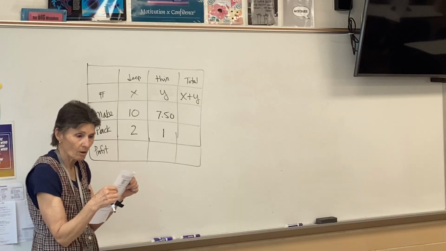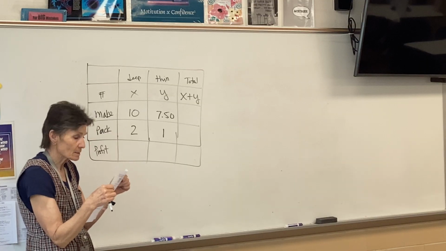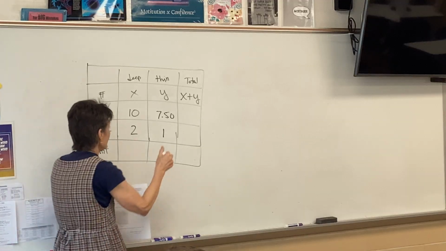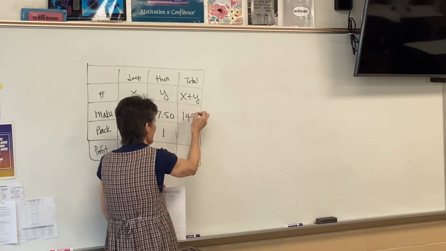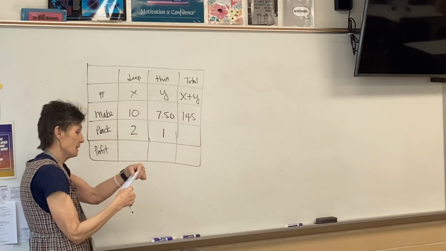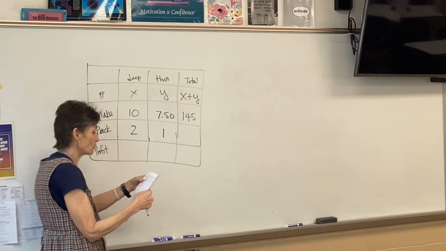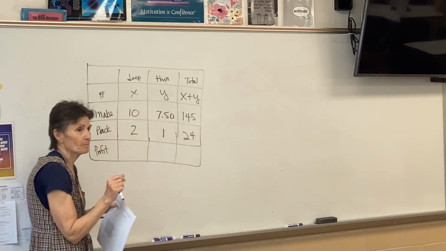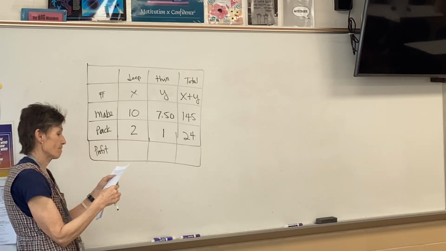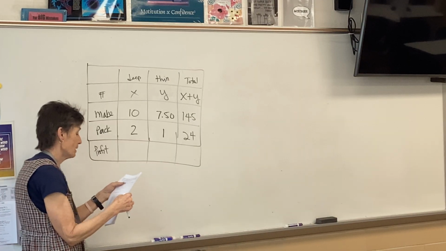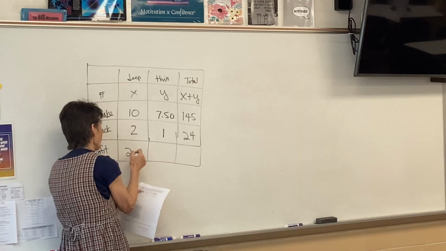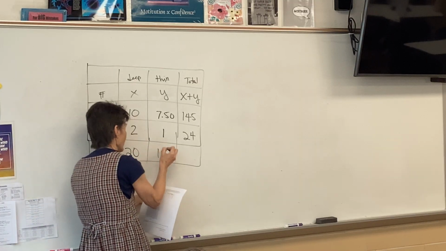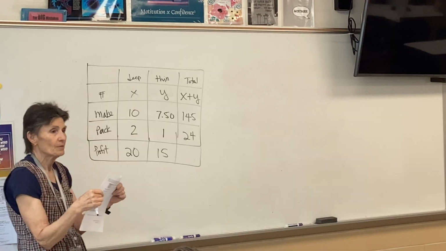Are we following along, everyone? Yes. We only have $145 to make pizzas, and we only have $24 to spend on packaging. We make $20 on a deep dish and $15 on a thin crust.